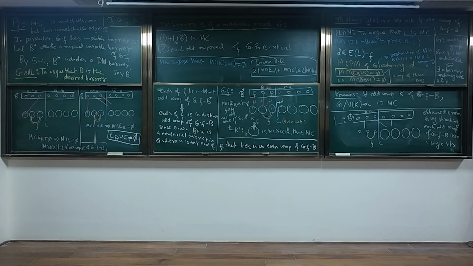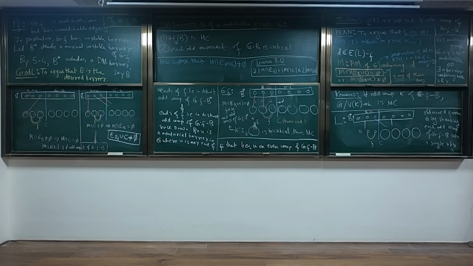One of the things they prove is that in a solid brick, every removable edge is B invariant. In fact, this is true for all solid matching covered graphs. This is one way to see why solid matching covered graphs are a generalization of bipartite matching covered graphs, because in bipartite matching covered graphs, removable edges are of course B invariant.